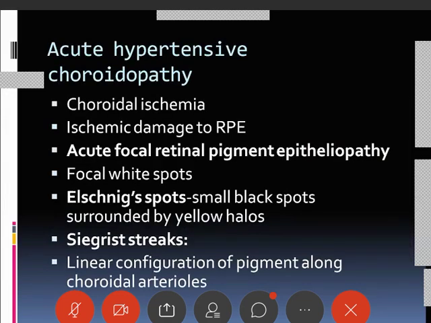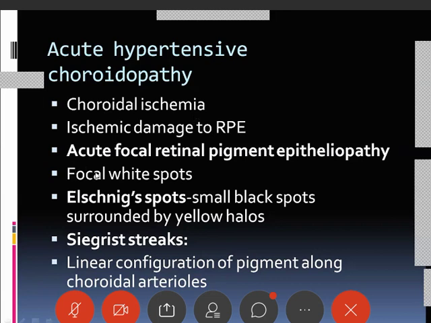And then coming to the acute hypertensive choroidopathy. I told you, it's not only the retinal vasculature which is affected, but even the choroidal vasculature is affected in hypertension. So when there is a severe hypertension, there will be choroidal ischemia.